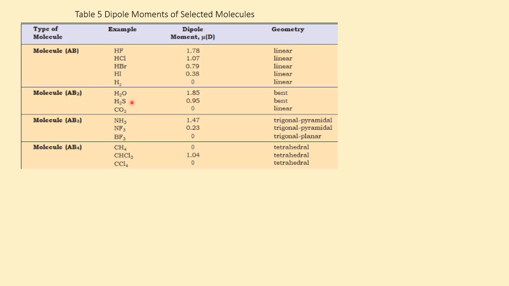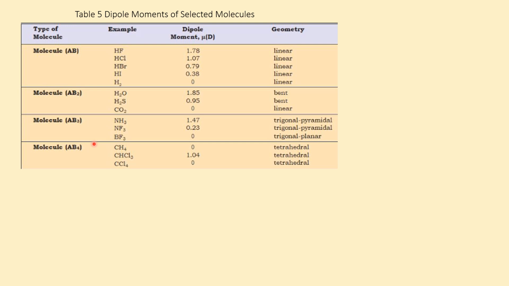For H2S, the dipole moment is 0.95 and its geometry is also bent. For CO2, the dipole moment is 0 and its Lewis structure geometry is linear. Similarly, for the AB3 molecule, an example is NH3, its dipole moment is 1.47 and its geometry is trigonal pyramidal.